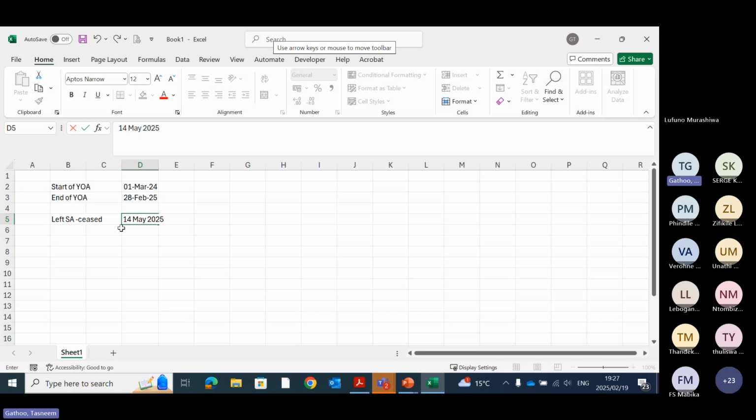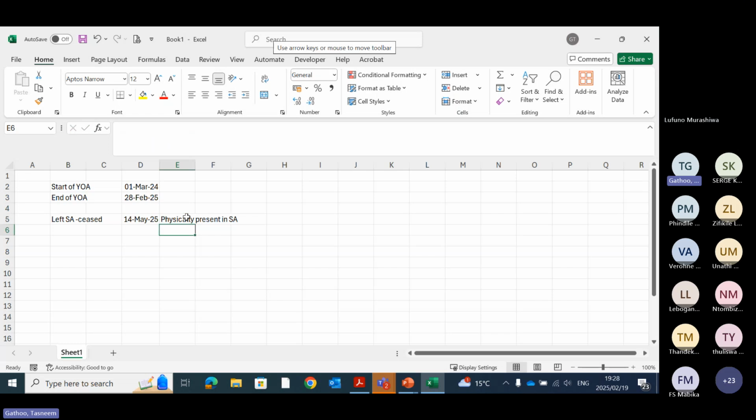So she left SA on the 14th of May. So before this, up until the 14th of May, she was physically present in SA. Before this time, she never left South Africa. She stayed in South Africa. She then moved to France on the 15th of May. Not 2025, sorry, 2024.